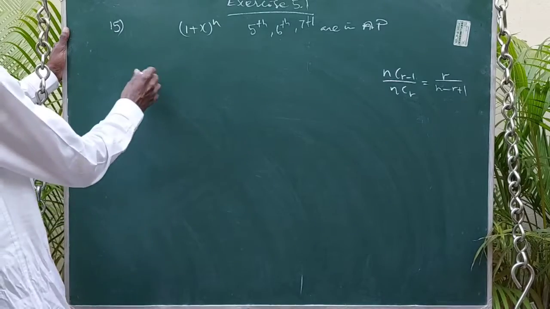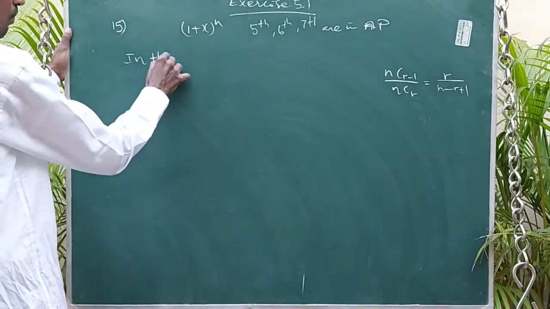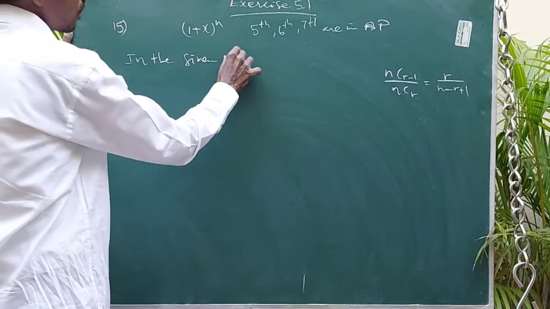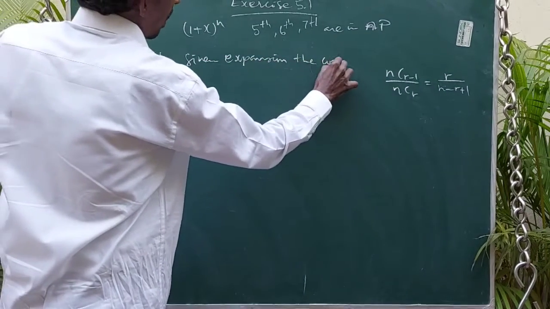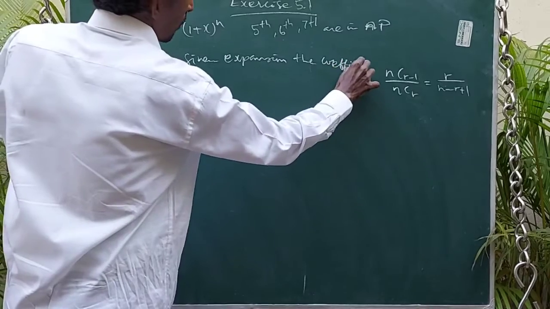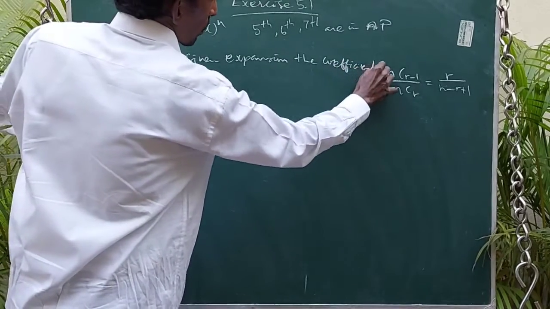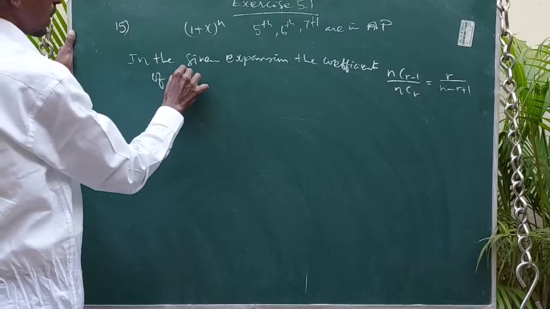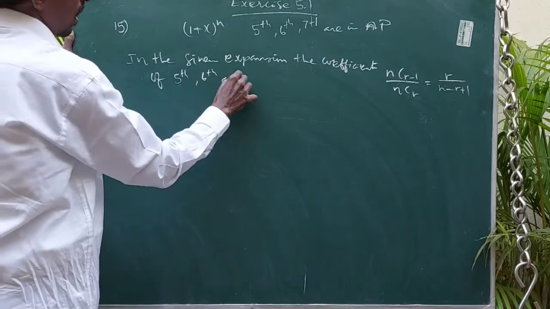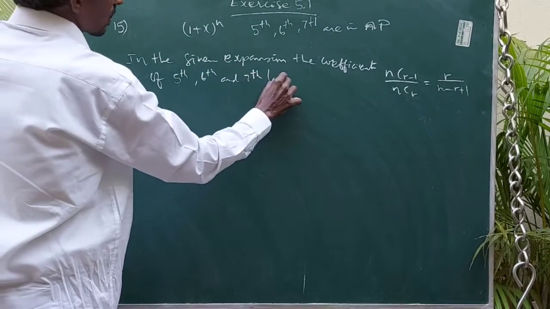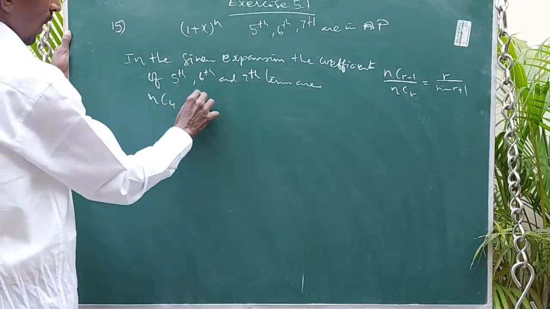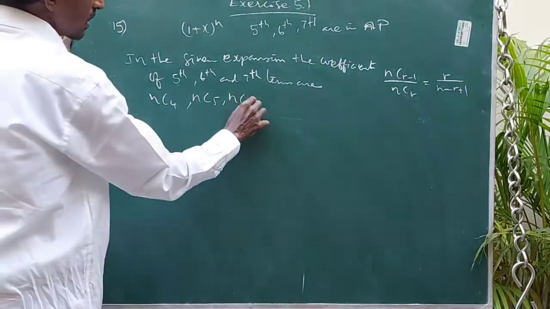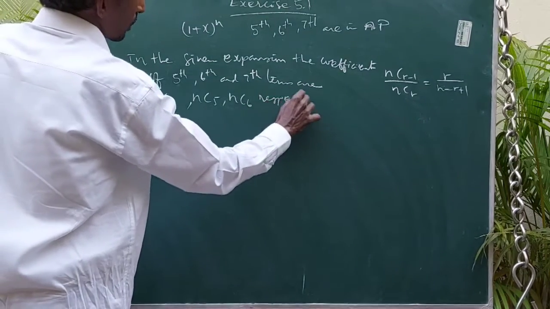NC6. So in the given expansion, the coefficients of 5th, 6th and 7th terms are NC4, NC5, NC6 respectively.